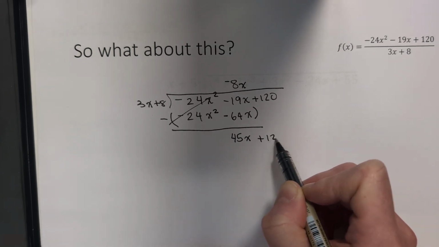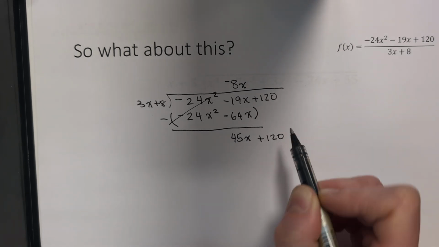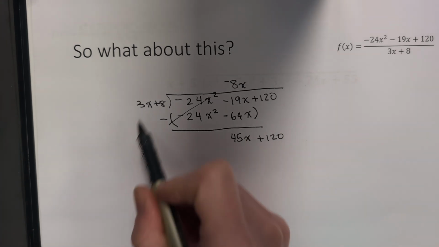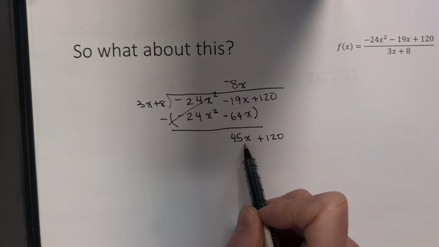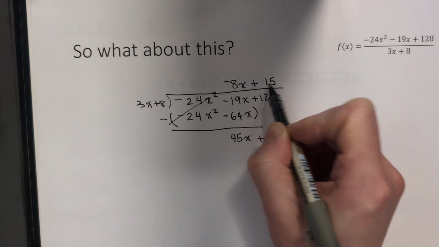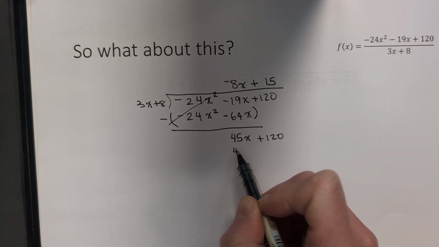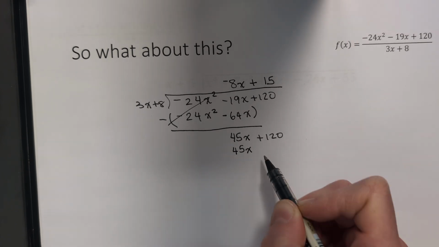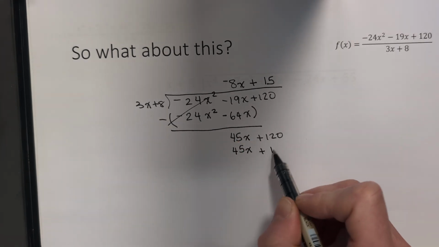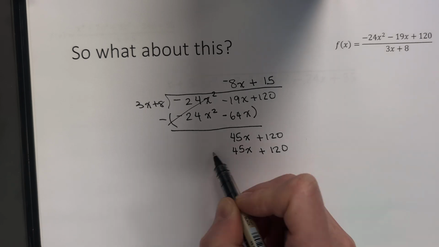And then we bring down. This bringing down will matter more in a second, unlike it does in regular simple number division. So 3x goes into 45x. Okay, that goes in 15 times. 15 times 3x is 45x plus an 8 times 15 is going to be 120. This is nice, so it goes in perfectly.